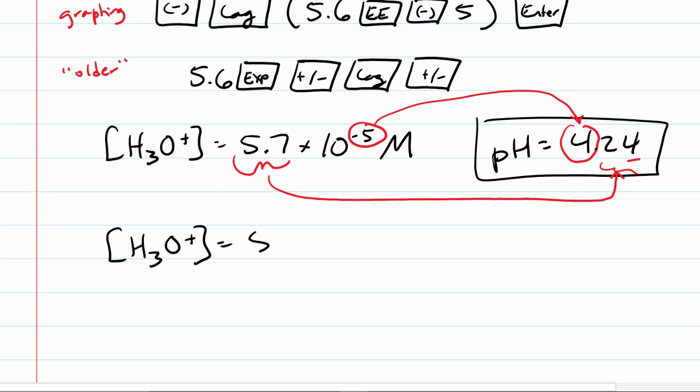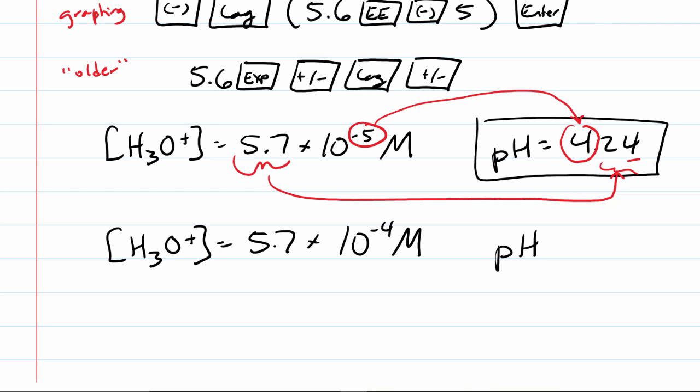In this case, to 5.7 times 10 to the negative 4th molar. Let's say we calculate the pH for this one. So go ahead and try it. See what you wind up with.